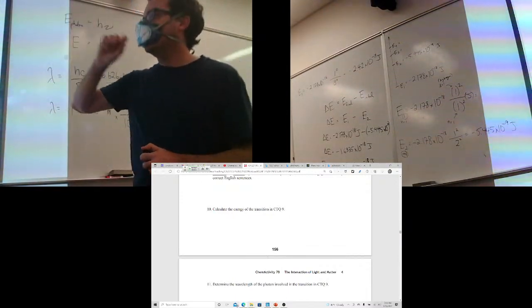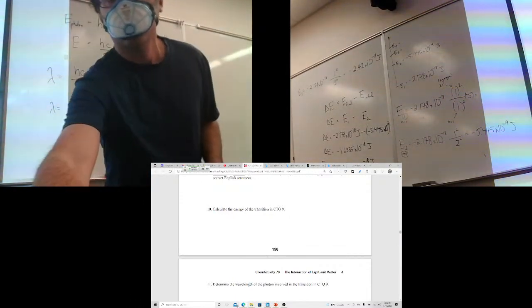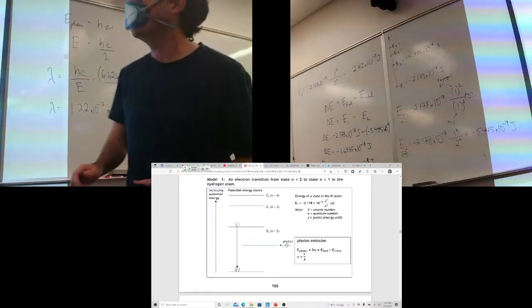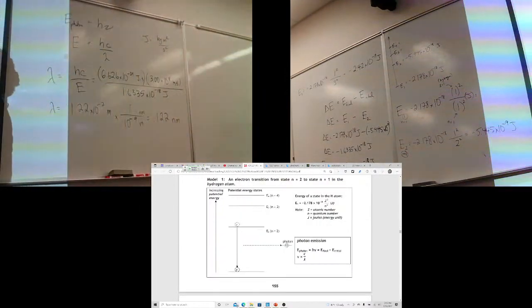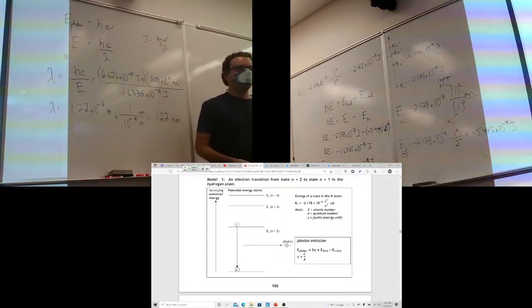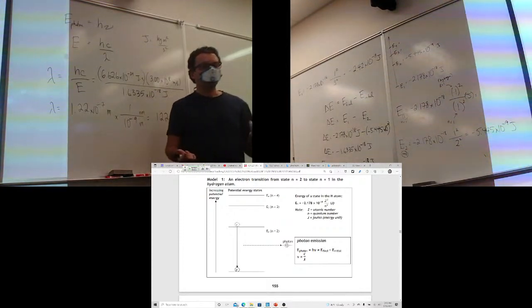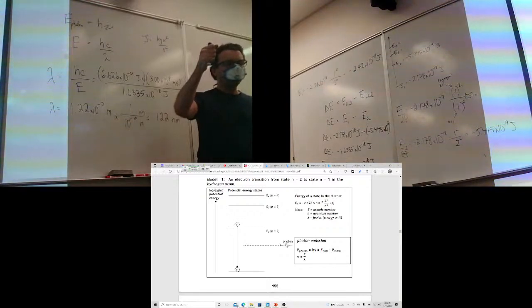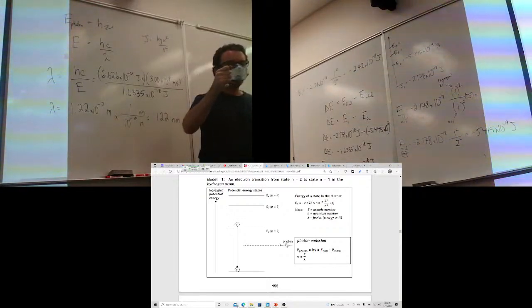Now, I mentioned that the Bohr equation doesn't work very well with atoms other than hydrogen. We're going to get to this, but once you introduce an atom that has more than 1 electron, so if you have helium, for instance, that has 2 electrons, that complicates things. Because not only do you have the electron-nucleus attraction, you have electron-electron repulsion.